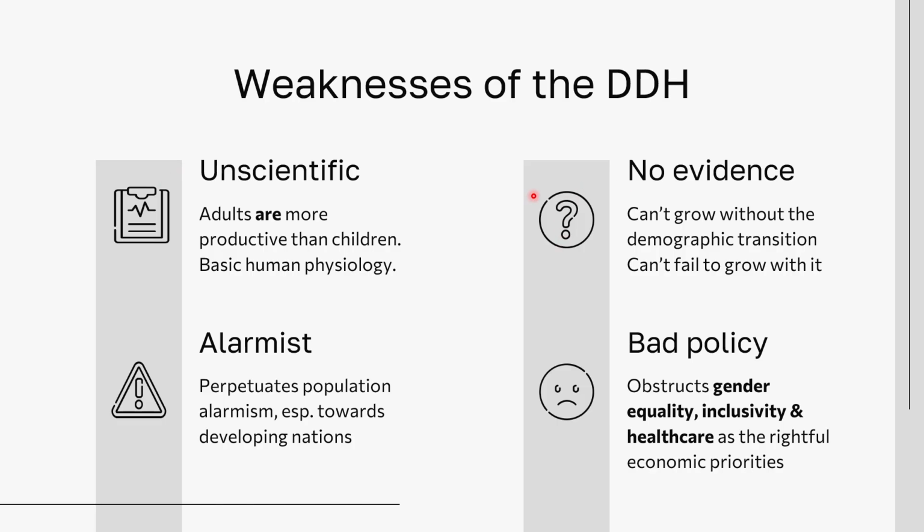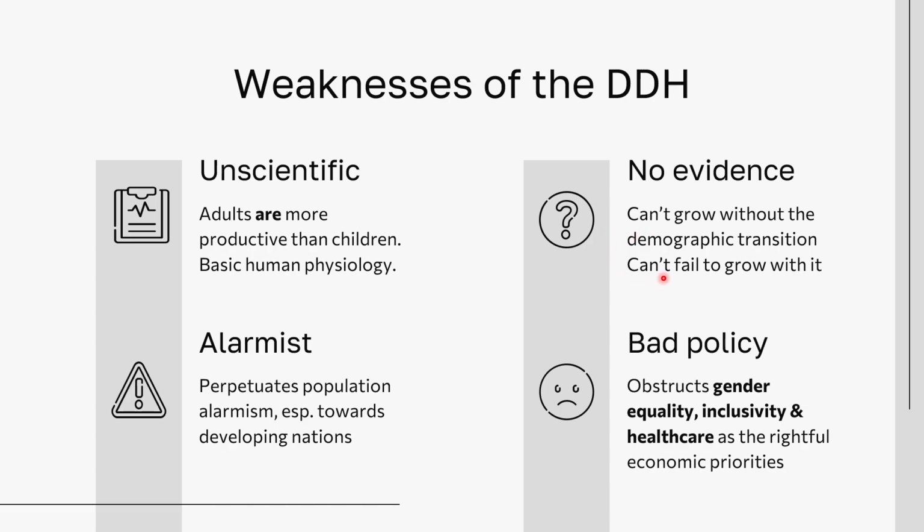The second problem is that it's not backed by any evidence. We do not have any scenario of a nation or an economy achieving a demographic transition, that is a stage 1 to stage 4 population pyramid transition, while exhibiting no economic growth or productivity. That has never happened.